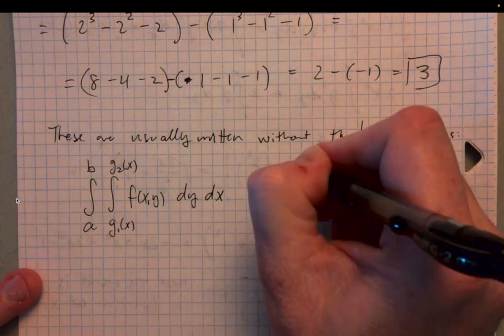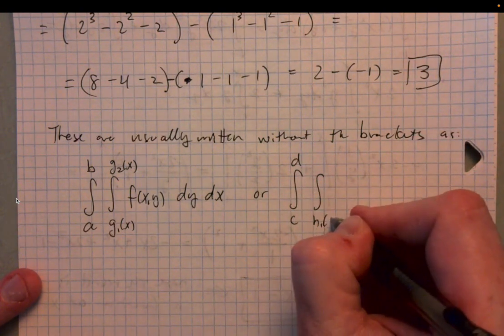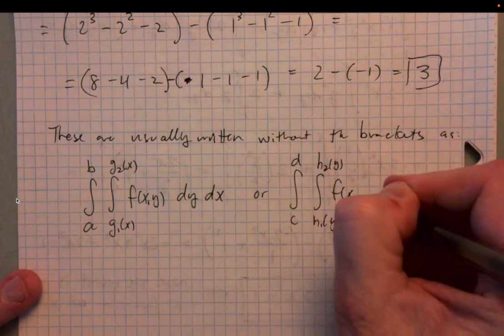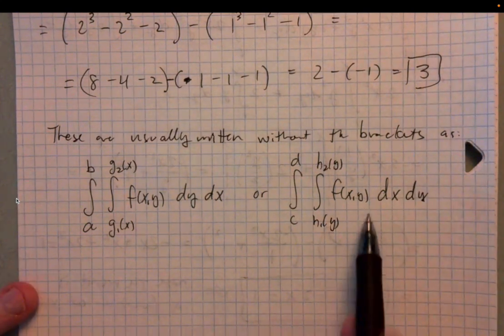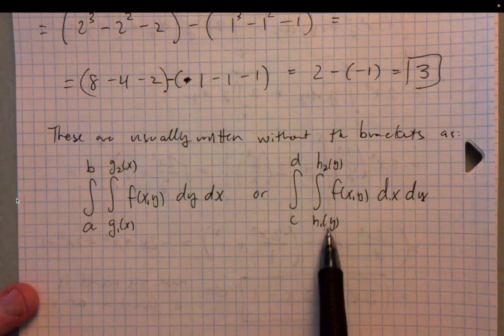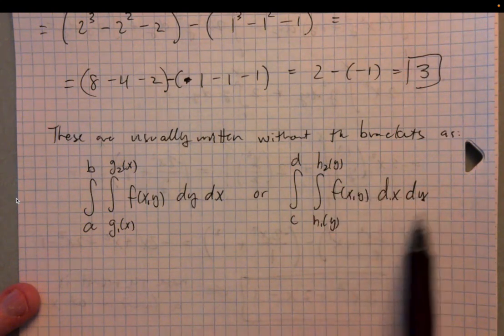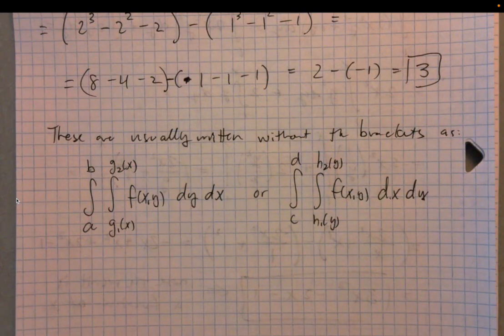You could go c to d on the outside, and then h1 of y, h2 of y, f of x y, dx dy. So you would integrate with respect to x, plug in these limits which are functions of y. The result of this inside integral would be a function of y, and then you integrate that function of y with respect to y and plug in real valued limits.